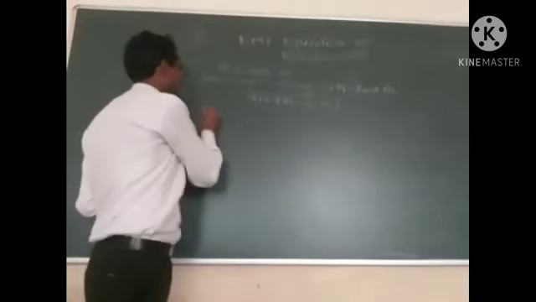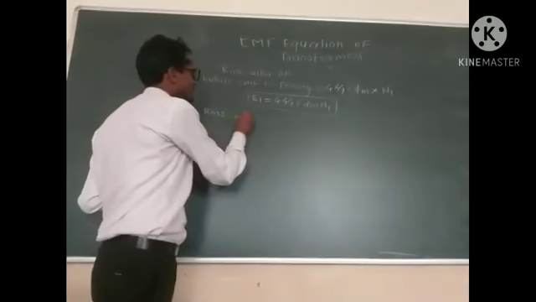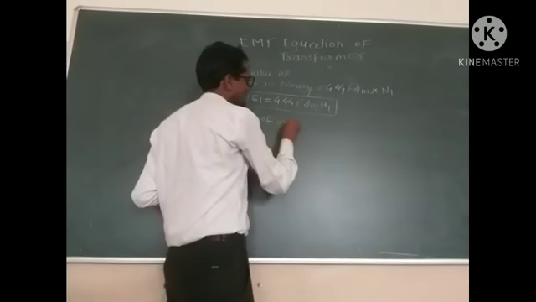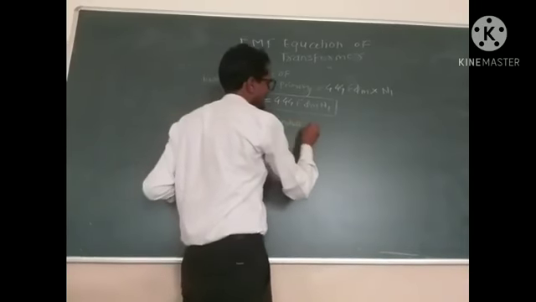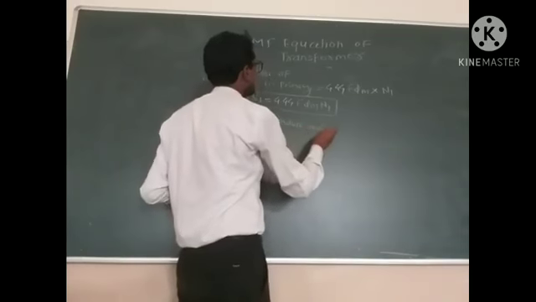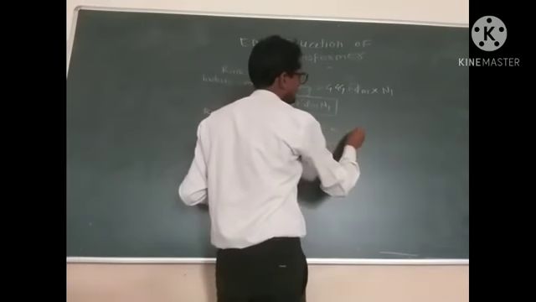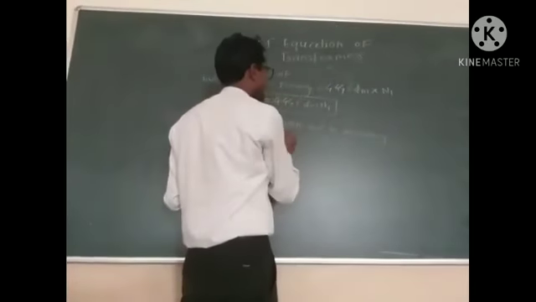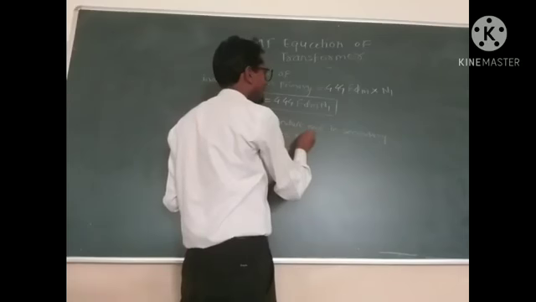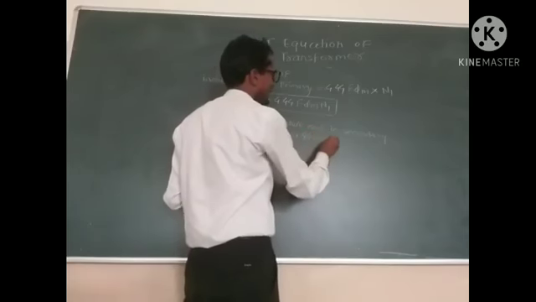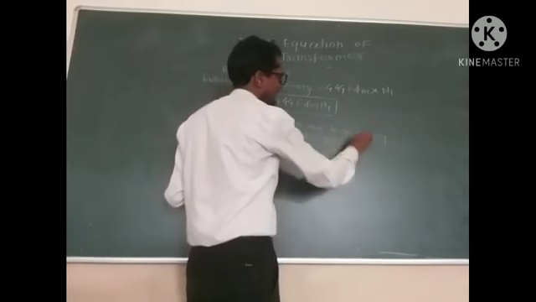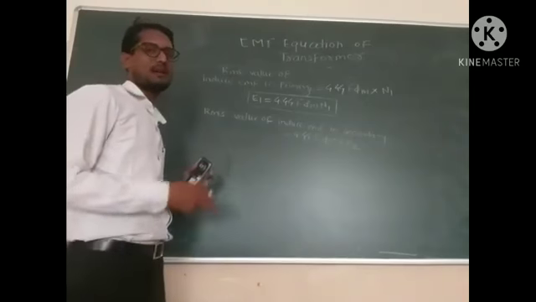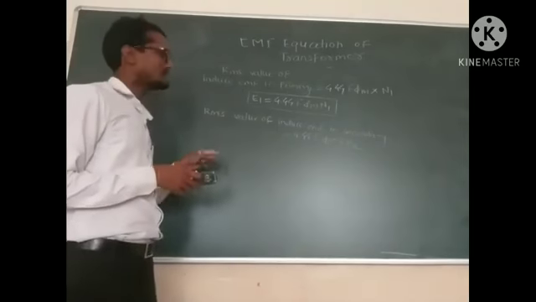Then the RMS value of induced EMF in secondary equals, what will we get? 4.44 fφm into N2. So we know that the RMS value of induced EMF in secondary we can write with the abbreviation E2.